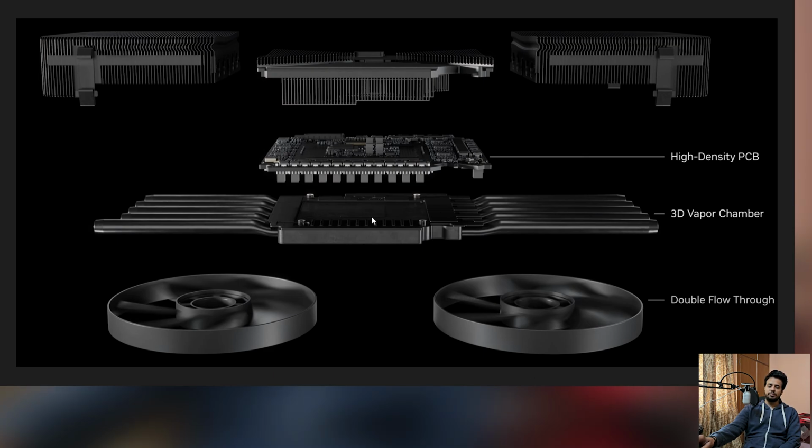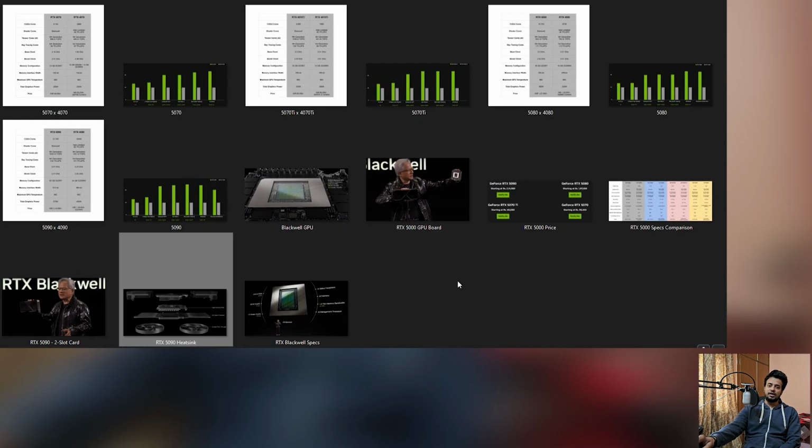The PCB sits in the middle, and so I think they have a lot of confidence in the cooling to make a 2-slot card with the 5090, which is going to be 575 watts, if I remember it correctly. So this is a good thing, and hopefully the partner cards may be able to leverage this technology as well. I hope they do, or else we'll just continue to get 3 or even more than 3-slot cards.